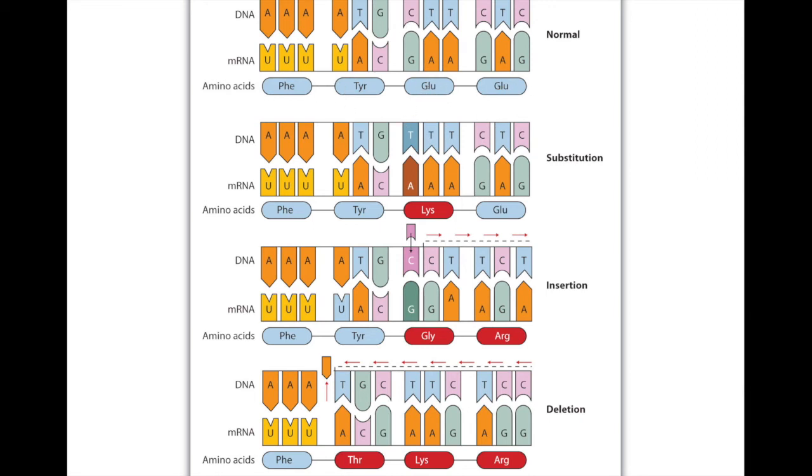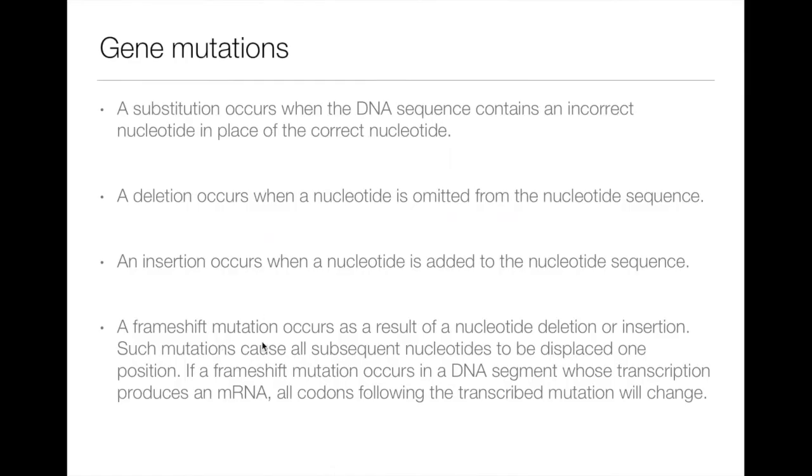This will go away. Okay, but sometimes insertion and deletion does not happen in a number of 3, or 6, or 9, or 12, and then we have something else called a frame shift mutation.